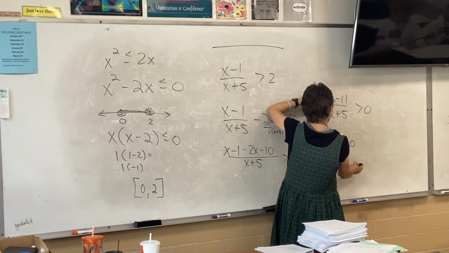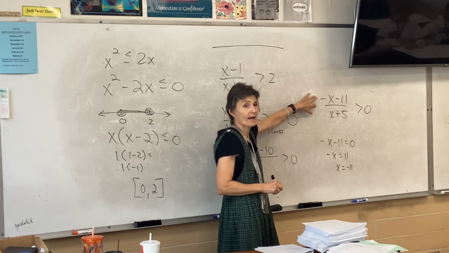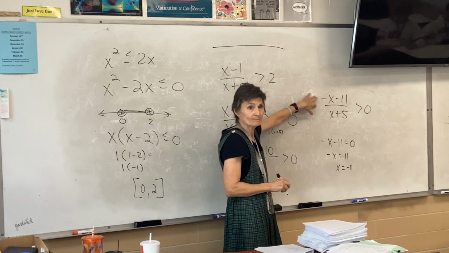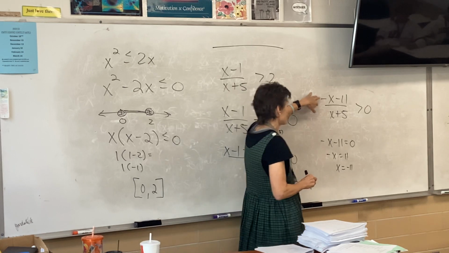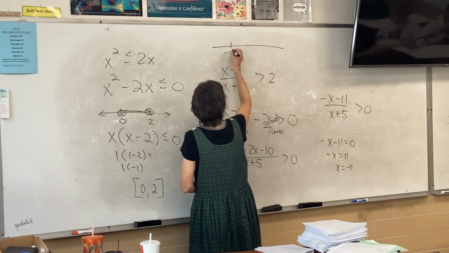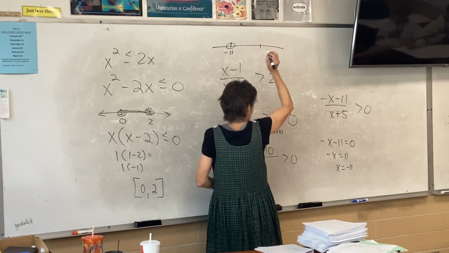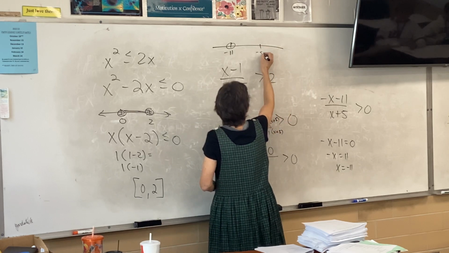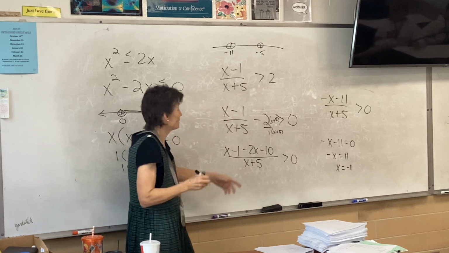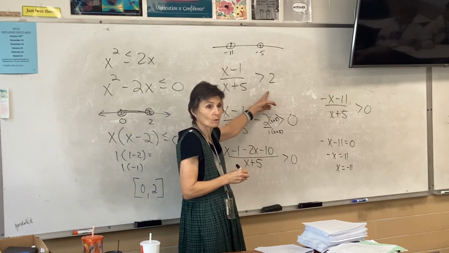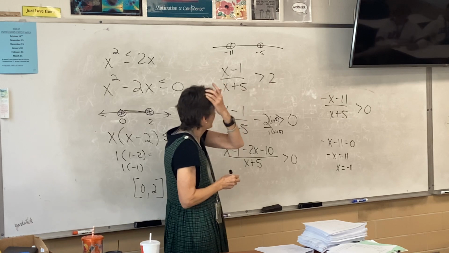So it looks like that other dot is going to be at negative 11. So I have a dot at negative 11 and a dot at negative 5. Both open, because of the symbol in the problem. There's no coloring anything in this time.